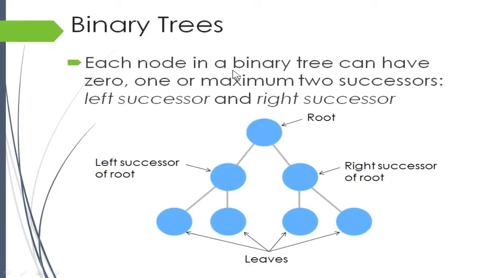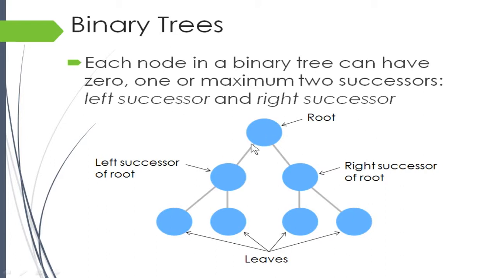Each node in a binary tree can have 0, 1 or a maximum of 2 successors. So you can have a node without any child node, or with 1 child node, or a maximum of 2 child nodes. That's the meaning. You have 2 successors, left successor and right successor.